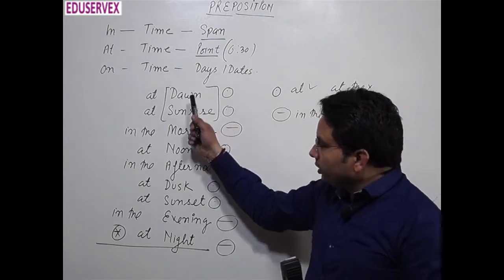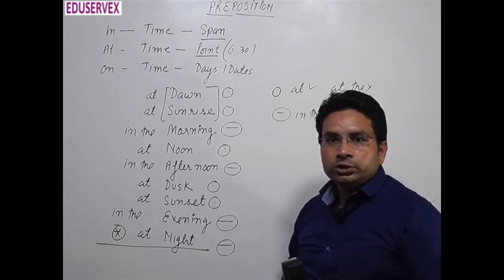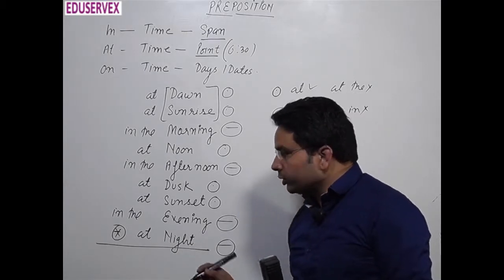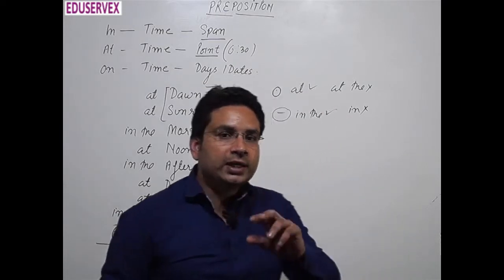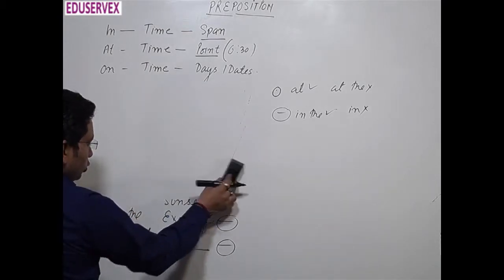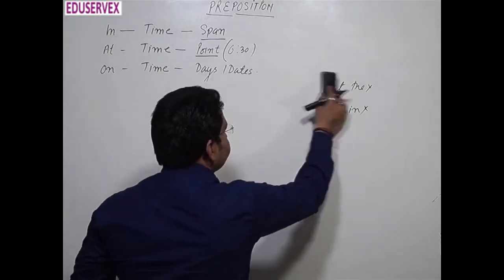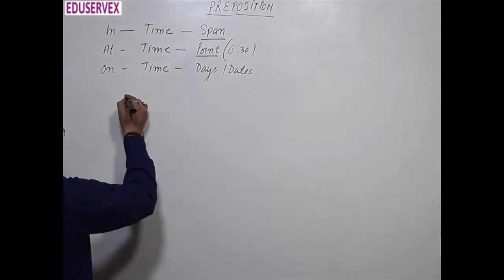I hope you have understood each and every preposition here, but you have the problem with the night. So I'm going to explain night only, how to break this idea. Okay, let's see what exactly night has. Just have patience. I'm going to just discuss night.